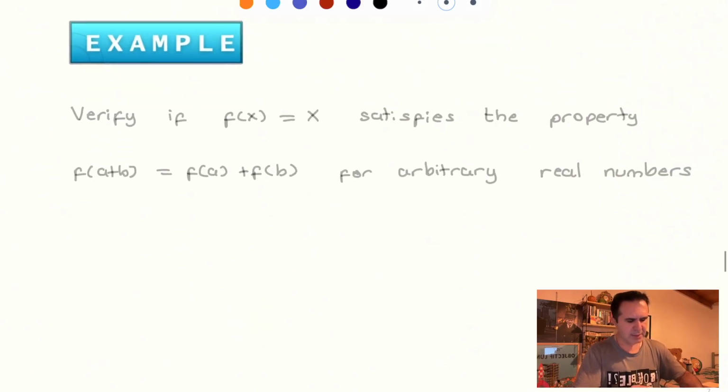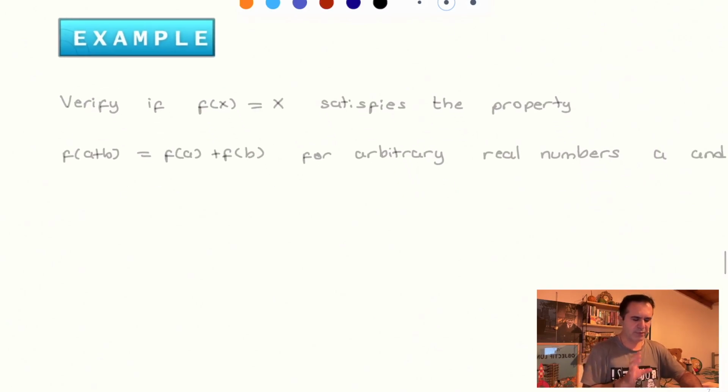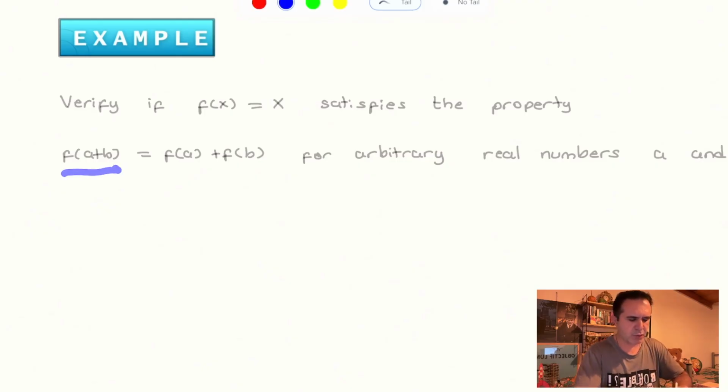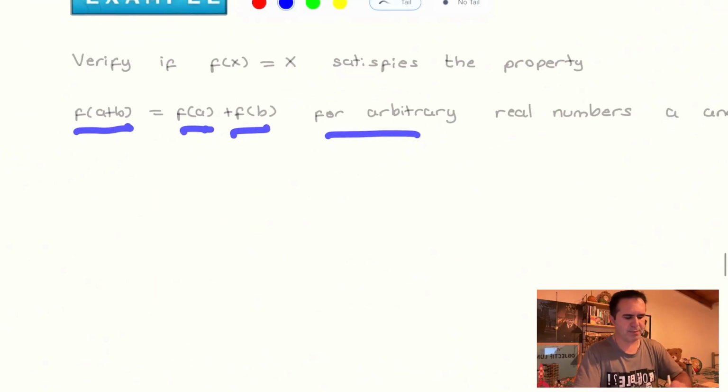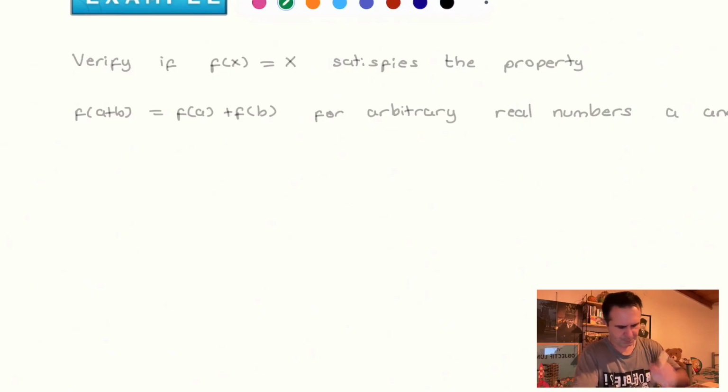The next example, verify if f of x equals x satisfies the property f of a plus b equals f of a plus f of b for arbitrary real numbers a and b.